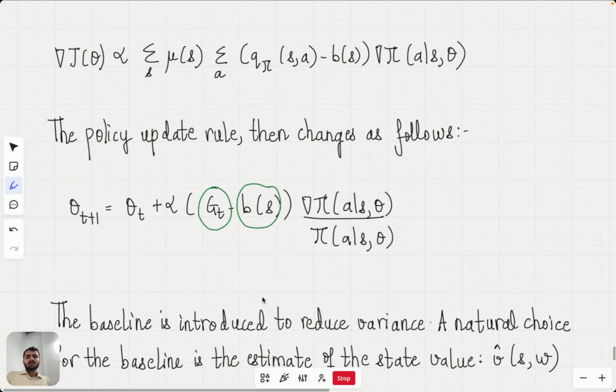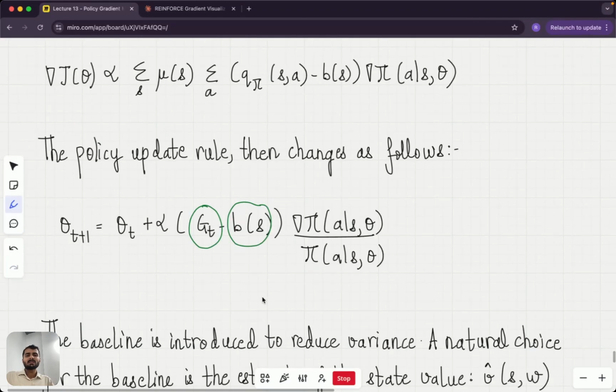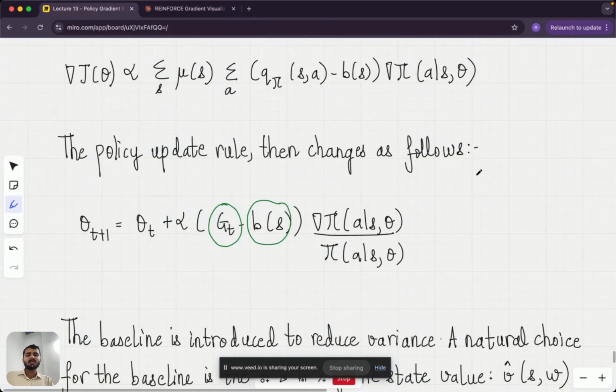The reason this quantity is subtracted is because if you do not have b of s, then there is a lot of variance, as we looked at over here. The variation is very high. So to reduce this variation, there is generally a parameter which is subtracted from the total return, and this parameter is g of t minus b of s.